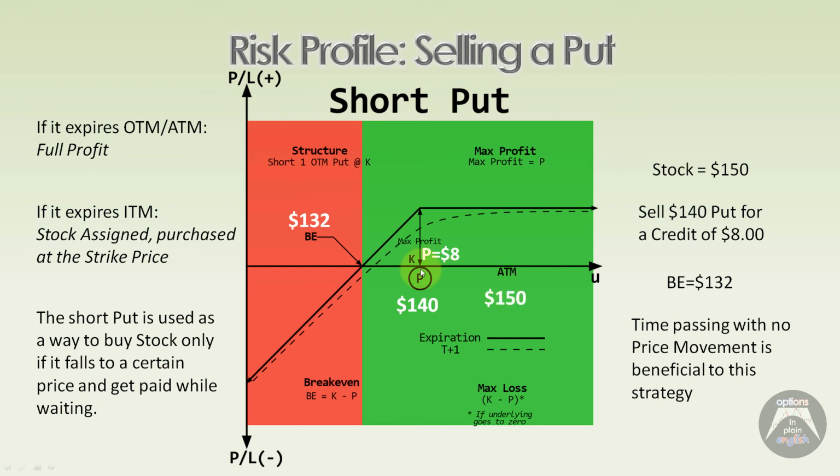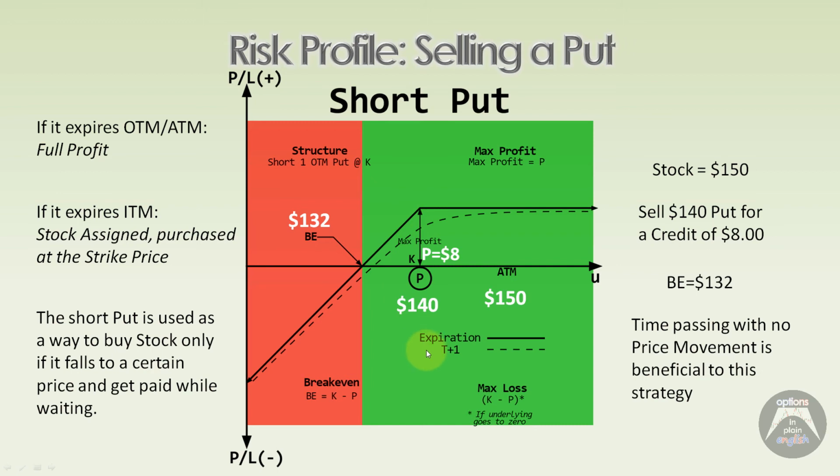Then you can let this one expire, keep the full profit, and then buy it at $140. So now your real price is $132. So you got it at a discount. That's how shorting a put can be useful for a trader that's more interested in acquiring stock.